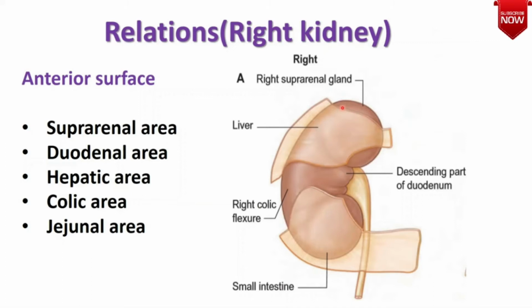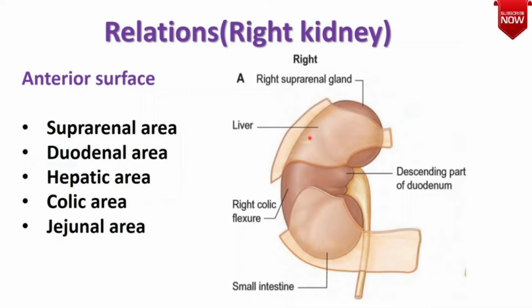The anterior surface of the right kidney in the superior pole is related to the suprarenal gland, that is the right suprarenal gland, and this area is known as non-peritoneal. Below that, this part is related to the right lobe of the liver and separated from the kidney by the pouch of peritoneum, that is Morrison pouch or right hepatorenal pouch.